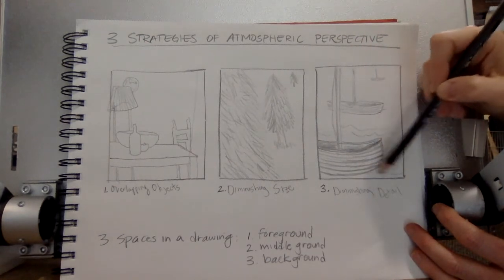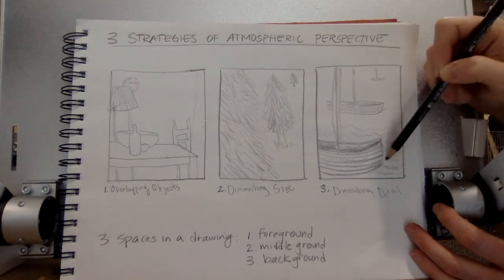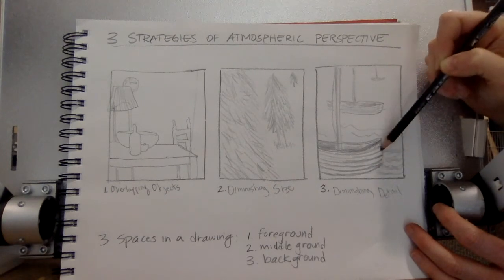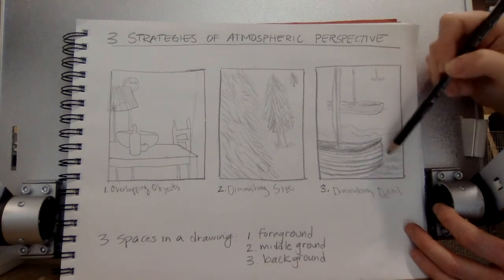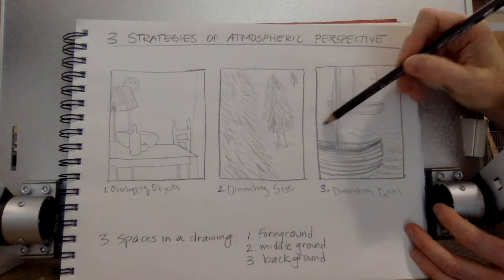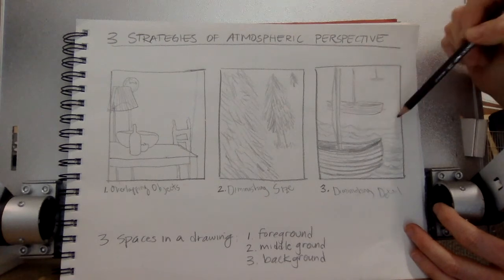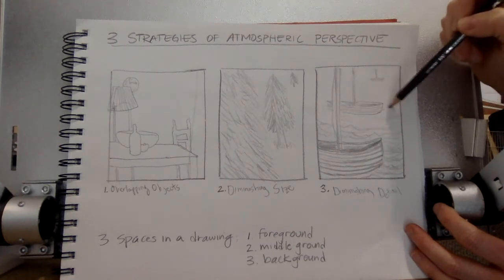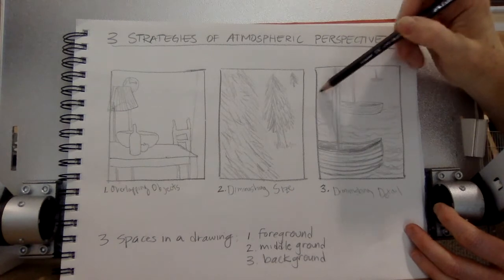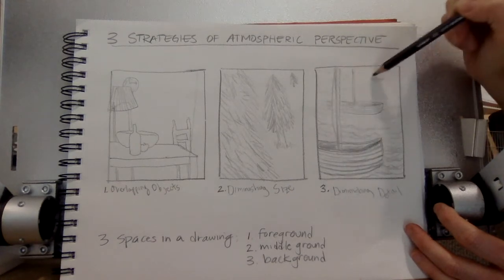And when it's in the foreground, there's a lot of variation in value and shape of waves and texture. But as it gets farther away, it gets to be not quite as detailed. And then farther in the back, even less.